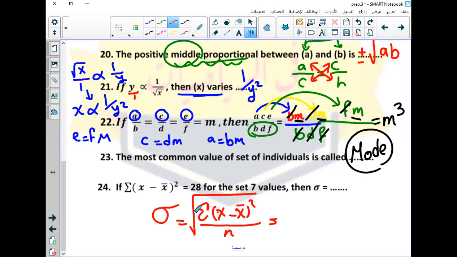Then the answer will be the square root of 28 divided by 7, which equals root 4 equals 2.